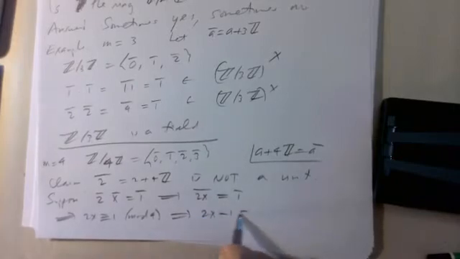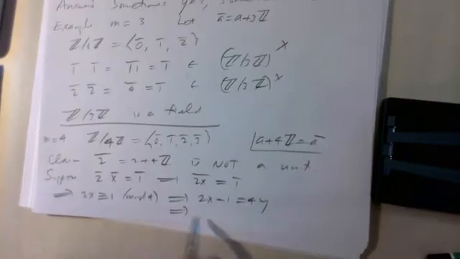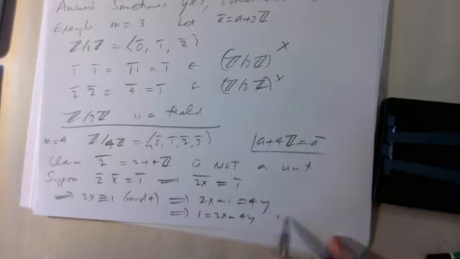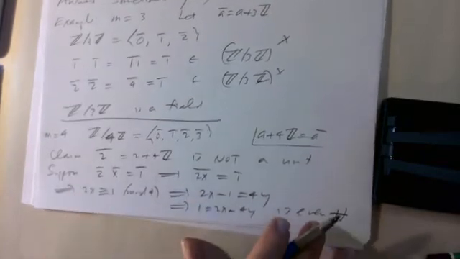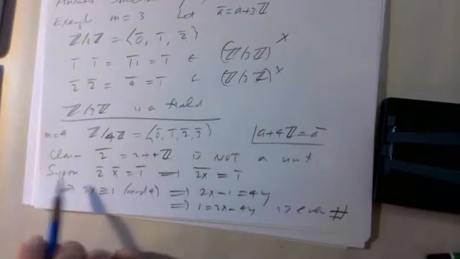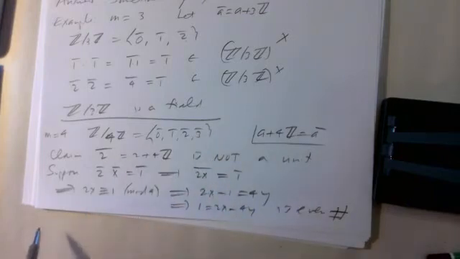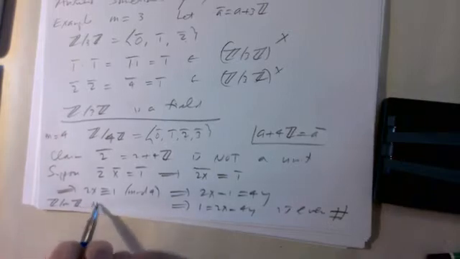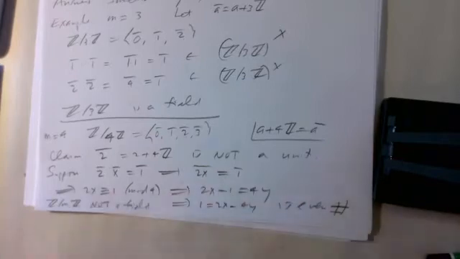That means 2x minus 1 is 4 times y, which means 1 is 2x minus 4y, which is even, which is not true. It's a contradiction. So this congruence class is not 0, but it's also not a unit. So Z mod mZ is not a field.